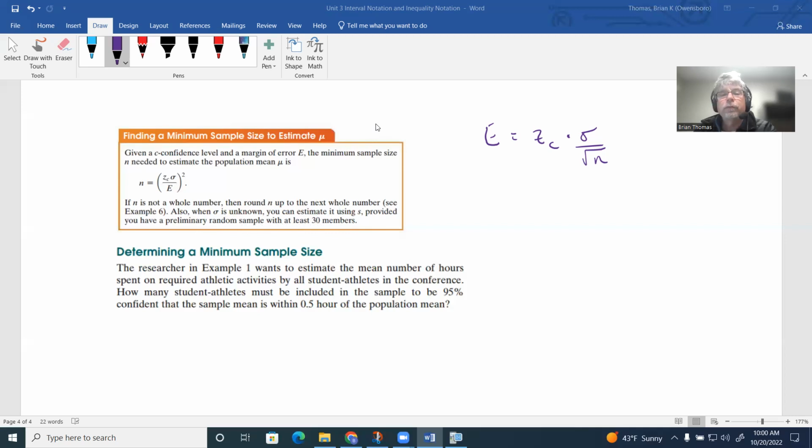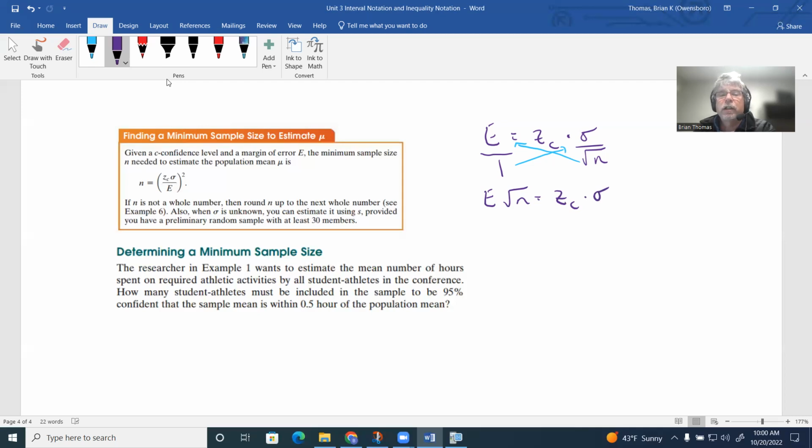So recall we had this margin of error formula. We could put this over 1, and we can solve for n by first cross multiplying. This gives us E times the square root of n equals the z-score confidence number times the standard deviation sigma.